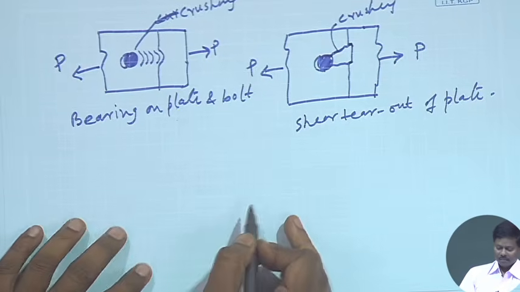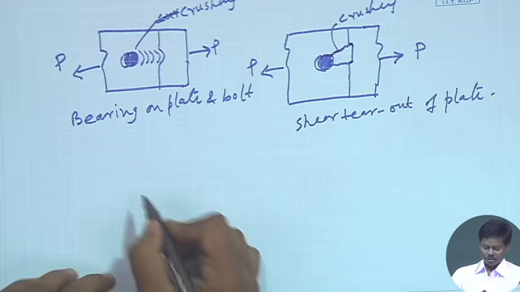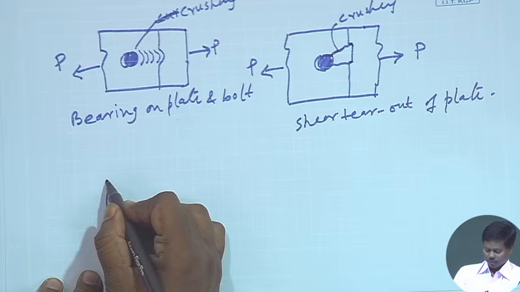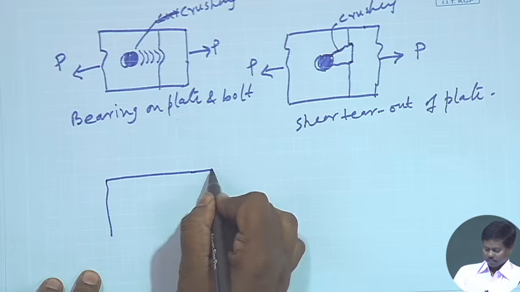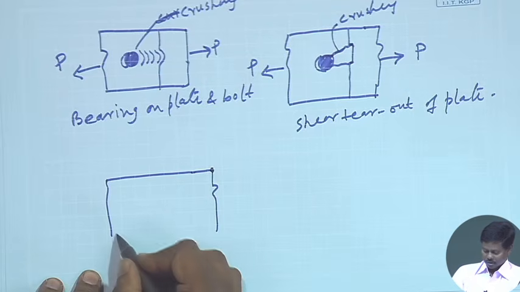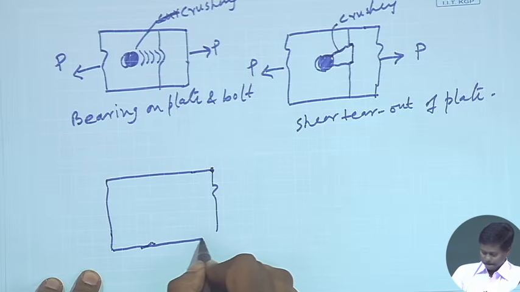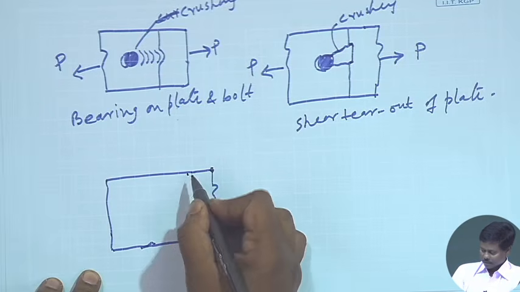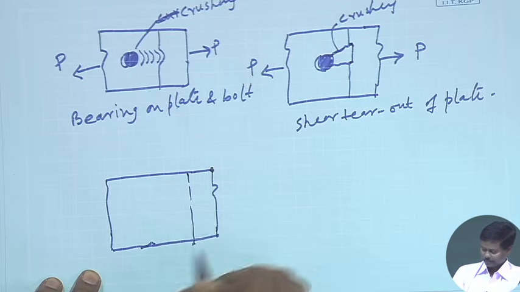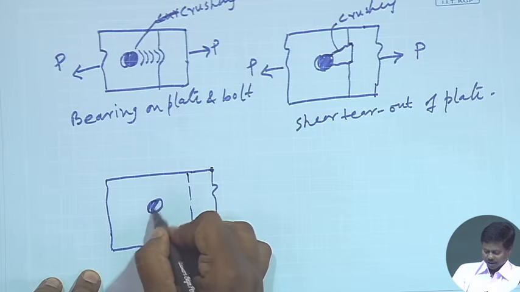Another failure may come which is called tension failure of plate, because when two plates are under tension and we are going to join them through bolts by making holes, then along that hole line tension failure of the plate may happen. Suppose we have a bolt here.